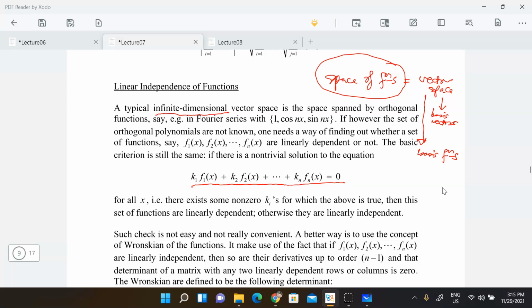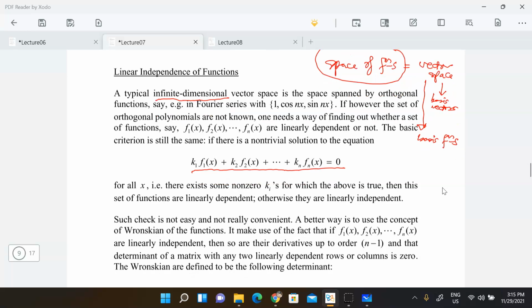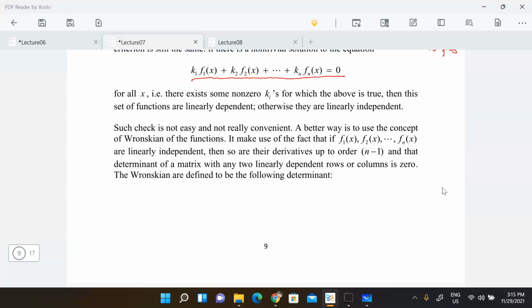But there must be a better way of trying to find whether a set of functions is linearly independent. There is. So there is this idea of a Wronskian. The theory behind this is a bit more complicated, so here we just learn how to use it rather than learn the theory itself.